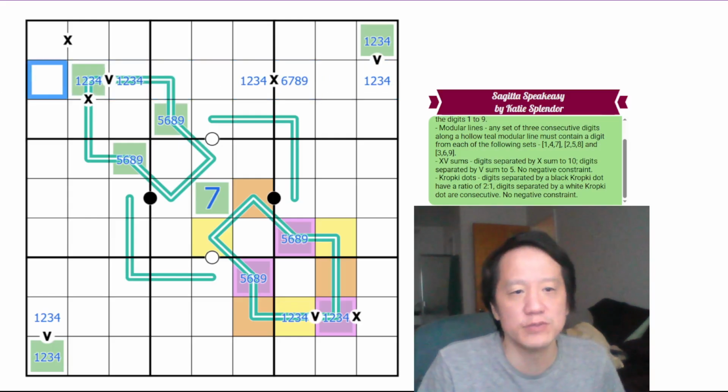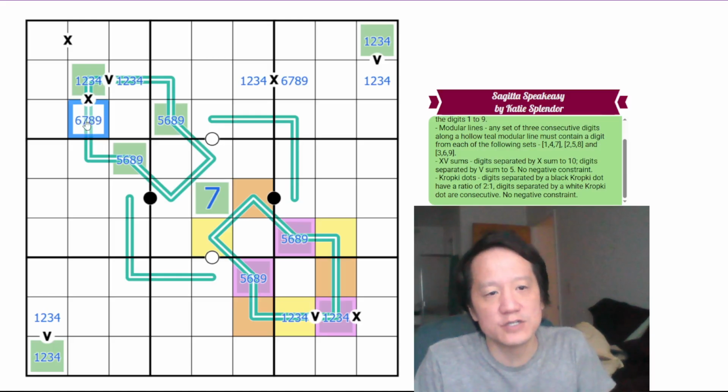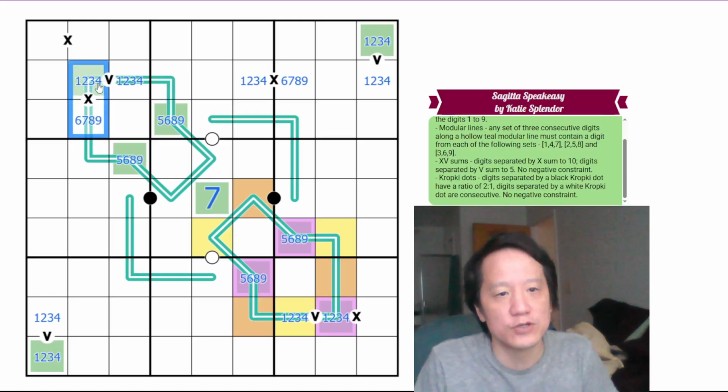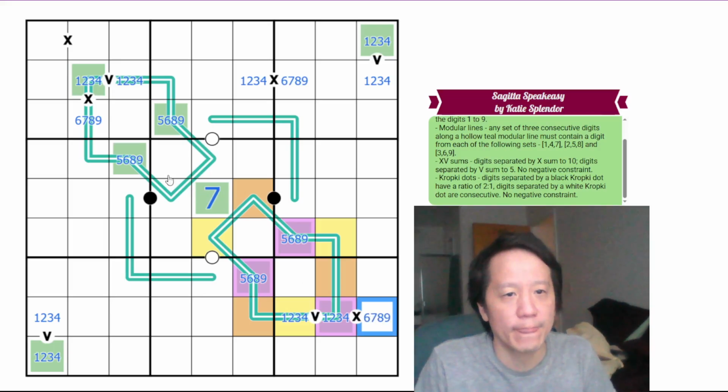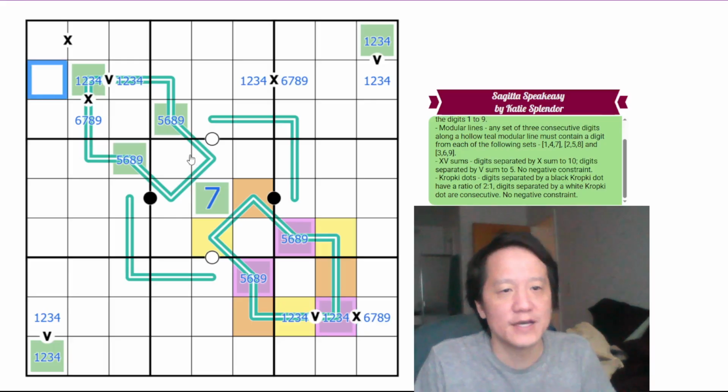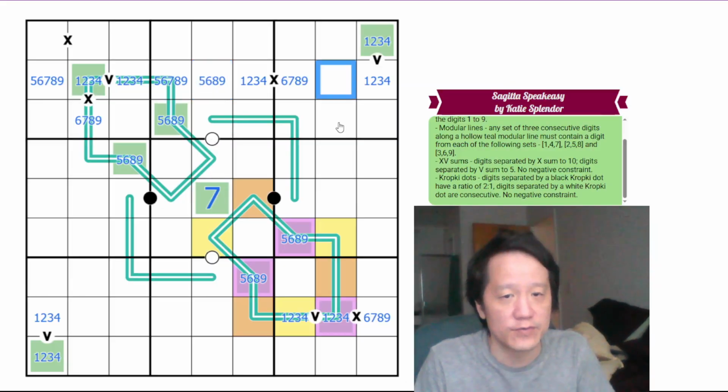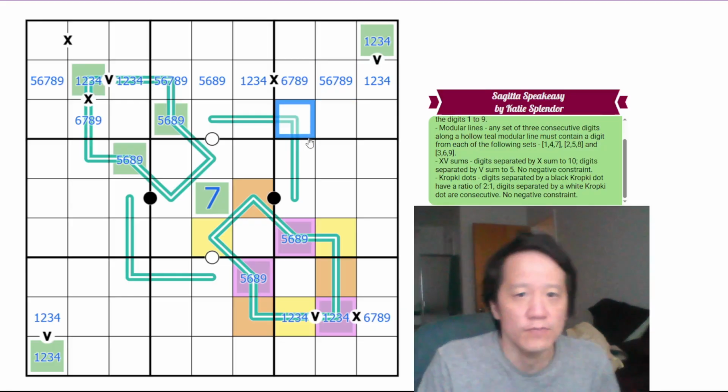So this has to be 6 through 9 to add up with 1, 2, 3, 4 to add up to 10. This must also be 6 through 9. This has to be 5 through 9 here, 5 through 9 here, 5 through 9 here, but this can't be 7, and 5 through 9 here.